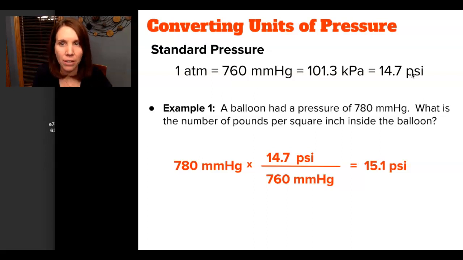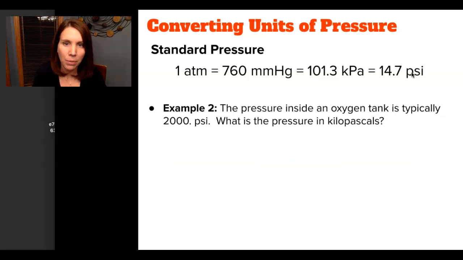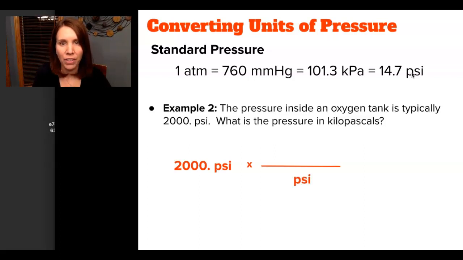Okay, let's try another one. Example number 2: the pressure inside an oxygen tank is typically 2000 PSI. What is the pressure in kilopascals? My starting value is 2000 pounds per square inch. I'm going to do my ratio, so times in a line. I want to get rid of PSI, so that's going to go on the bottom. And I want to figure out how many kilopascals, so I'm going to put kPa on top.